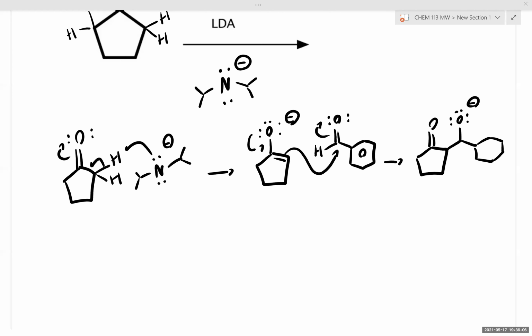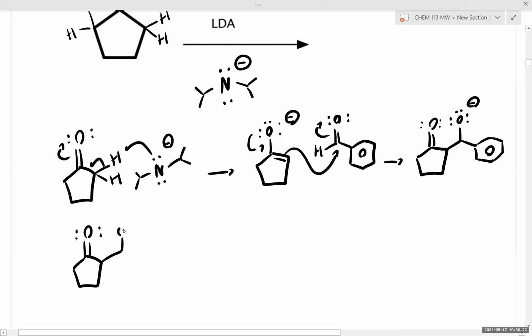Okay, so we formed our carbon-carbon bond in this example, and we have generated the start for our aldol product. Now, to complete this aldol reaction and to get our neutral isolable product, what will happen next?